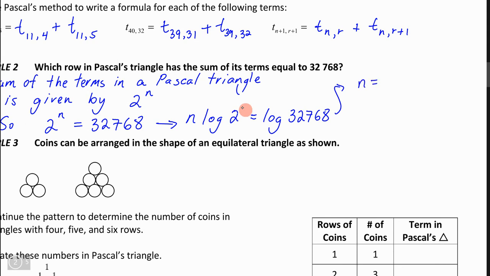So n equals the log of 32,768 divided by the log of 2. And that's going to equal 15. And so that says row 15 is the one in Pascal's triangle that will have a sum of 32,768.